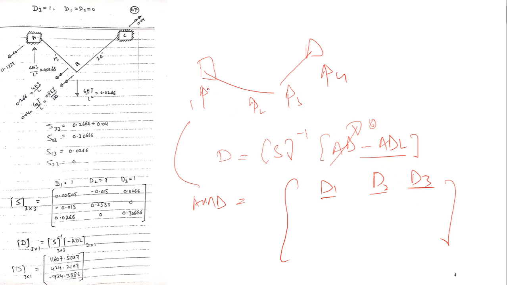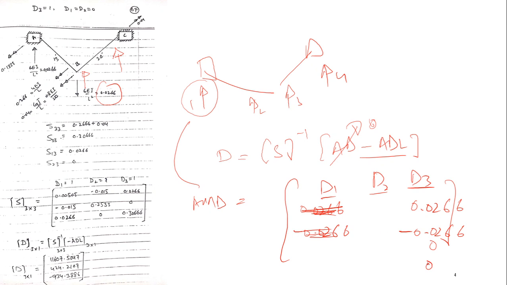The first value would be from here, 0.0266, and this is upward and this is upward, so 0.0266. Then comes these two values, and correspondingly I have this minus 0.0266. Here I have no reaction, here I have no reaction, so these would be 0.